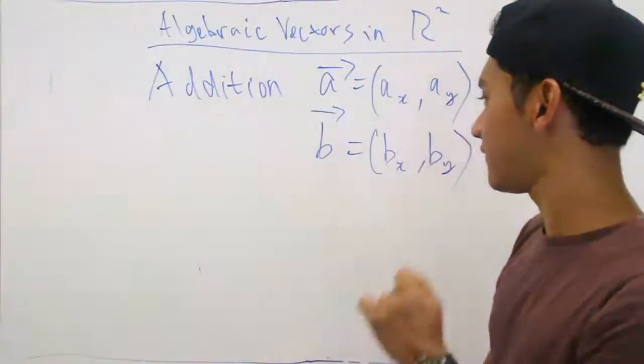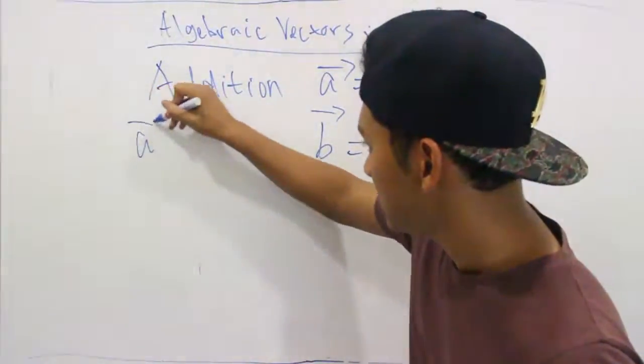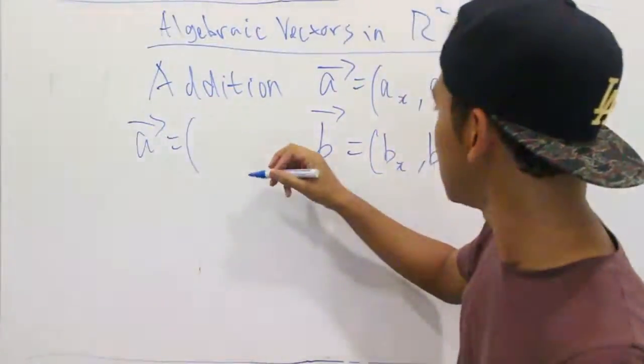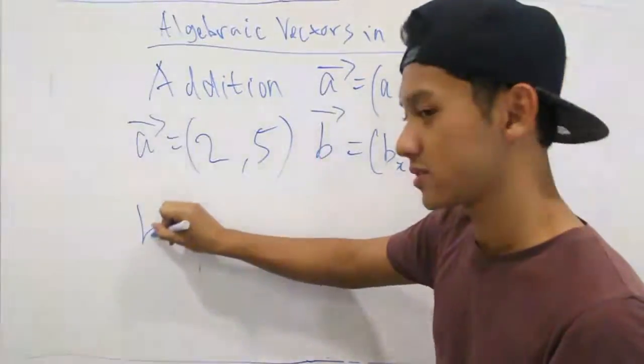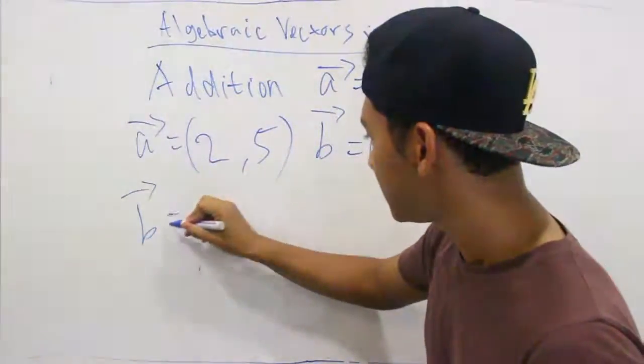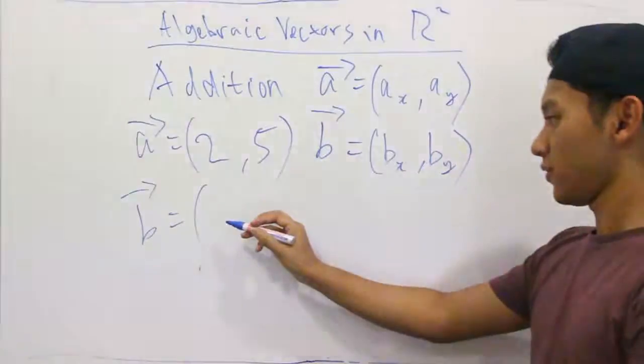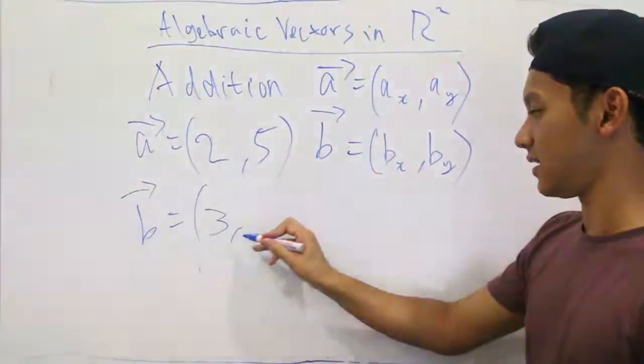Let's say vector A is 2 and 5. Vector B is equal to 3 and 10.